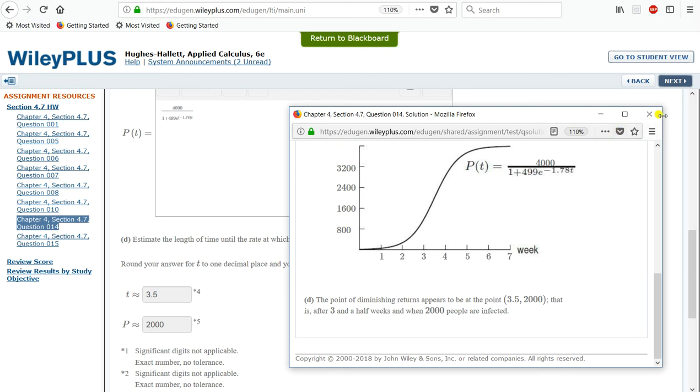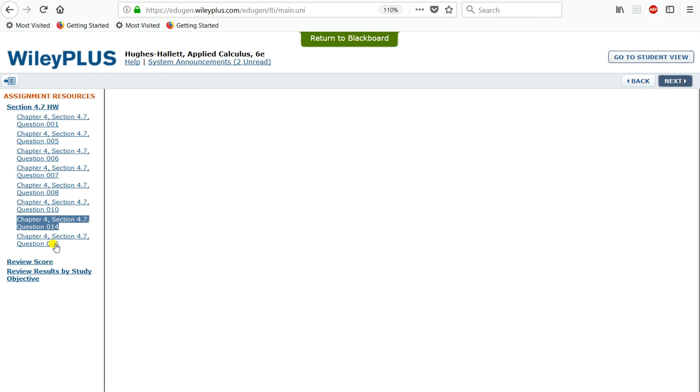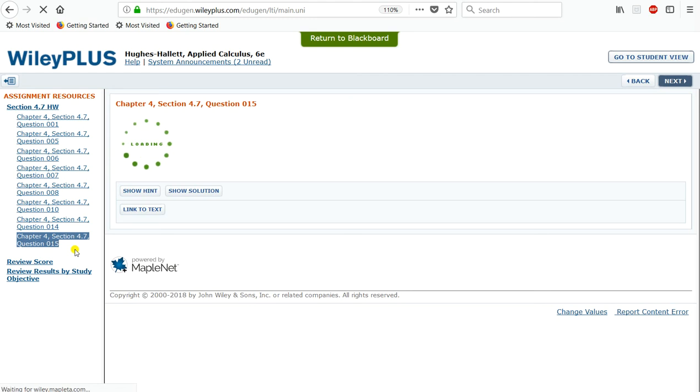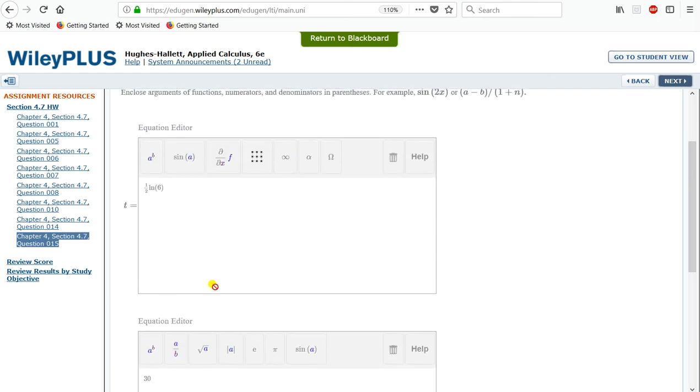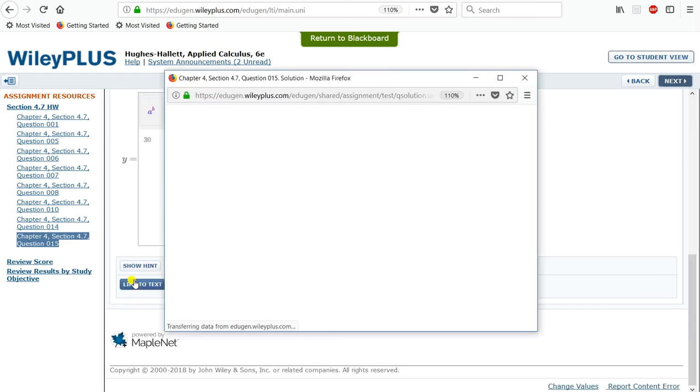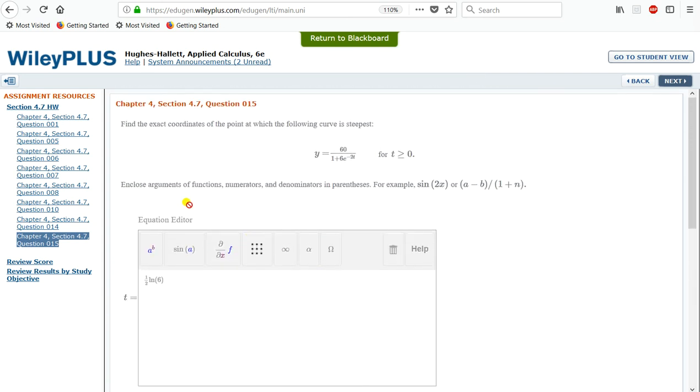Okay, so another question is number 15, the last one. They ask you to find the exact coordinates of the point at which the following curve is steepest. That means we are looking for the point where this logistic curve is growing fastest, or the point of inflection, in other words.